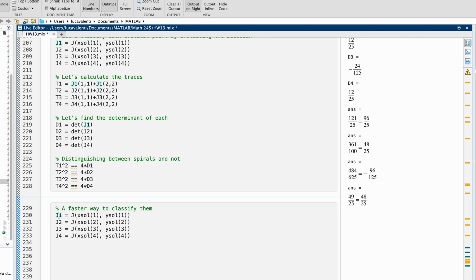So let's say this was eigen 1, eigen 2, eigen 3, and eigen 4. And to find it, we just have to put this command in. So let me do that real quick.